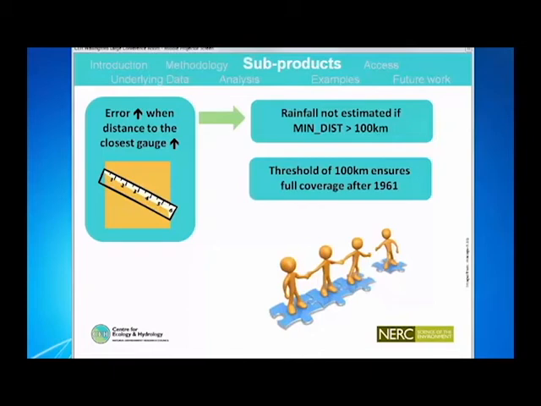The reason for that is because we've been told by modelers, who are one of the main people that are going to use this data, that the data set was useless to them if it had gaps in it. So they'd rather have data with high uncertainty than no data at all. So we wanted to at least have after 1961 fully covered. So before that, there are some gaps.